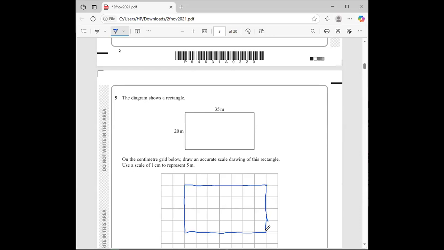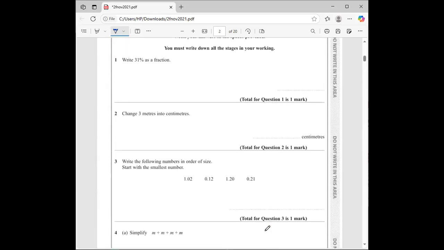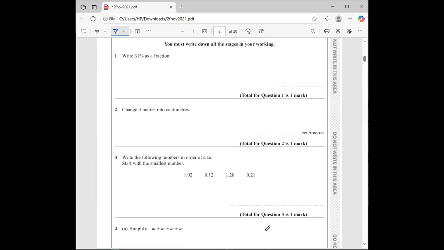Okay, so I guess you can do a better job at this with your ruler, right? Yeah. Okay, so we're all the way at the top. And of course, you can do that first one.